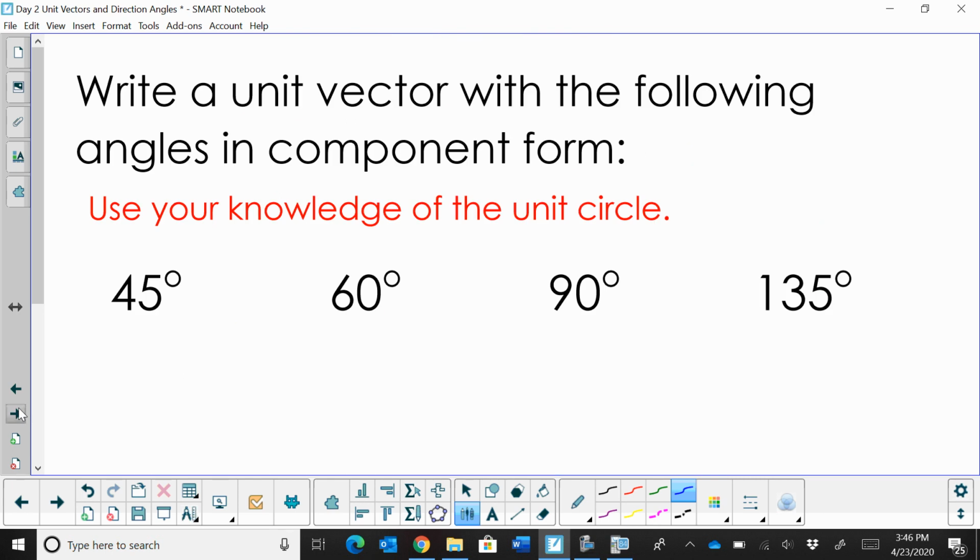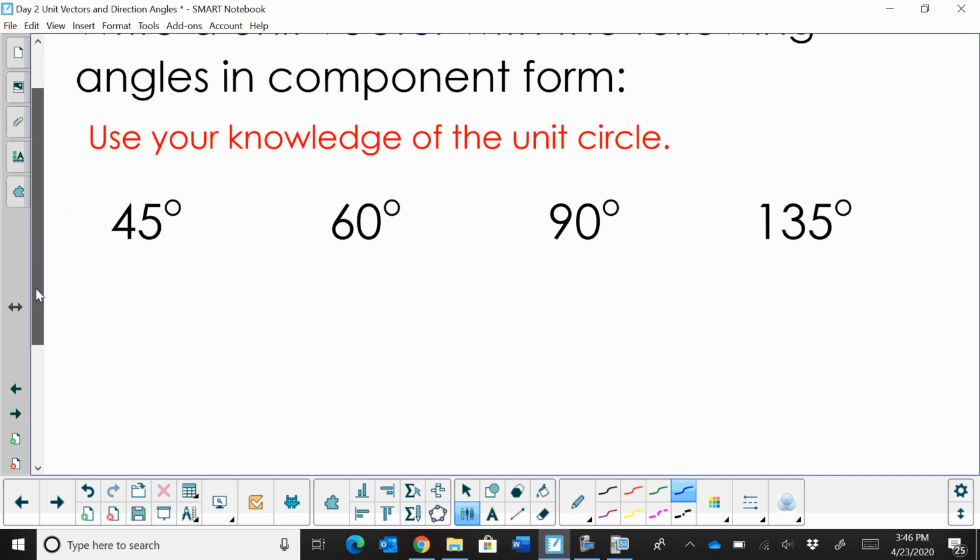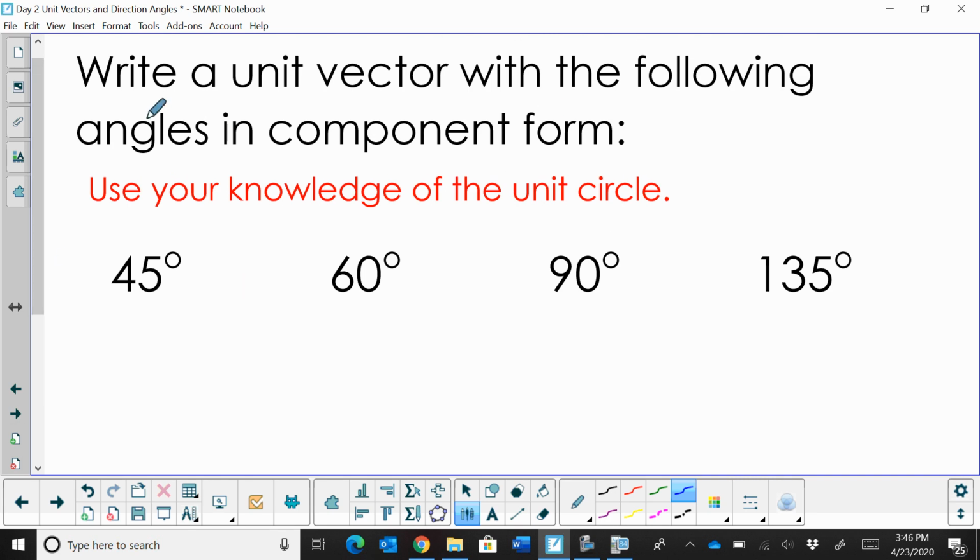Now I want to go back and work a little bit more with a unit vector and think about the unit vector's positions for each of our common angles in a unit circle. So write a unit vector with the following angles in component form. Well, let's think about this unit circle.